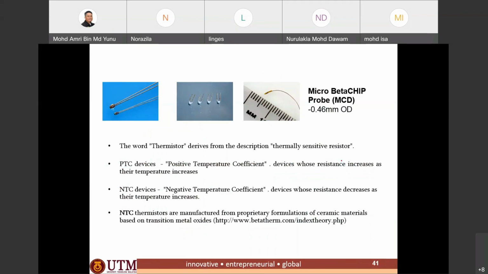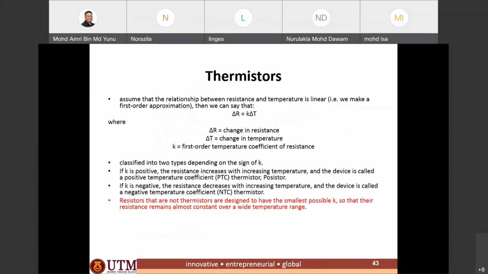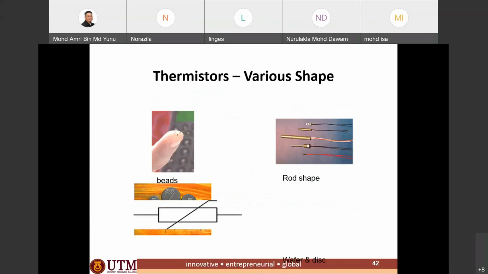For positive, the resistance increases exponentially with the temperature change. But for NTC, as we saw before, the resistance decreases exponentially. They can be very small because they can be used in very small spaces.